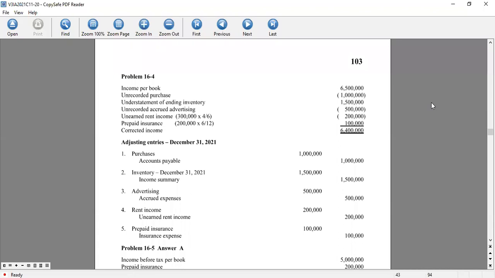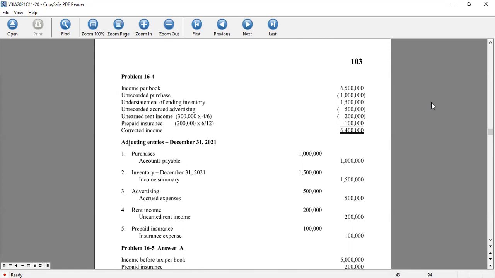Next, we go to rent of 300,000 on equipment applicable for 6 months was received on November 1, 2021. The entire amount was recorded as income upon receipt. So the entry upon receipt was debit cash 300,000 and to credit rent income, reported as income.